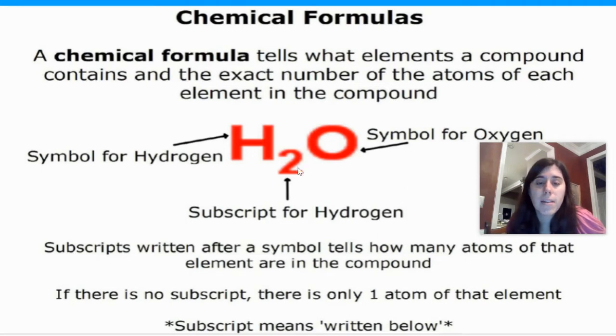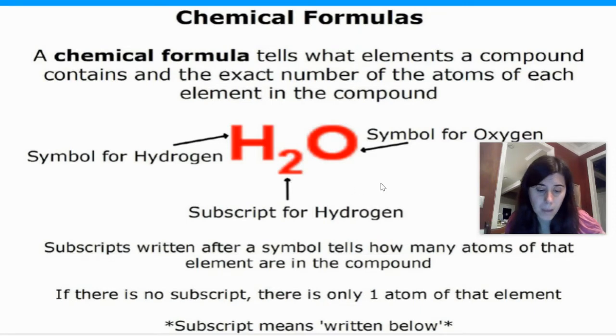The subscript tells us the number of the elements, and it always represents the element that's right in front of it. So in this case, H is our symbol for hydrogen, and this 2 tells us that there's 2 hydrogens for 1 molecule of H2O. Remember, if there's no number here, it represents a 1. So 2 hydrogens and 1 oxygen. And these are subscripts. It tells us how many atoms are involved in the bond.